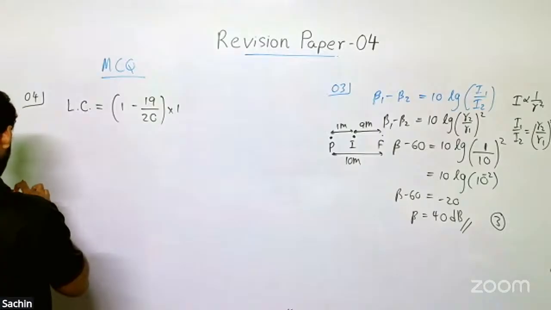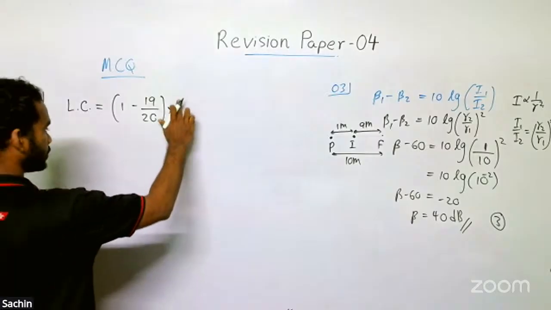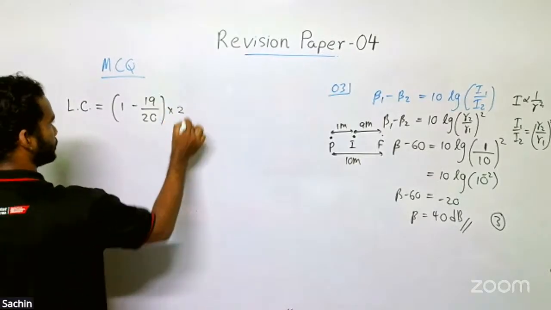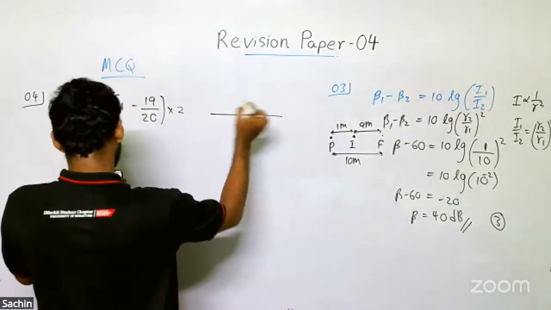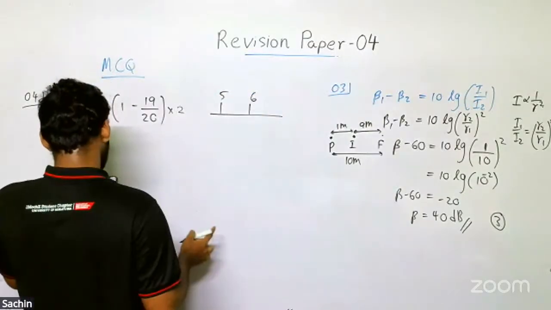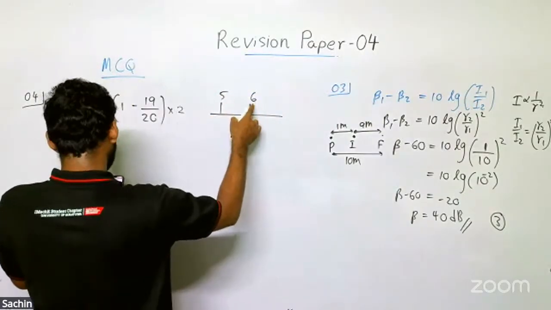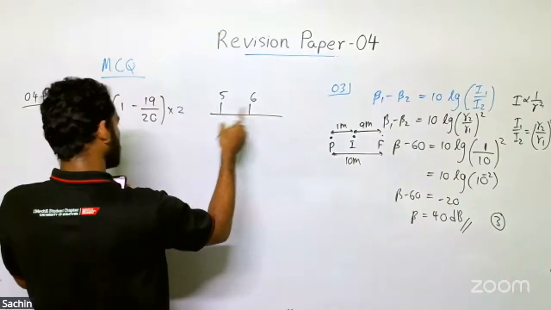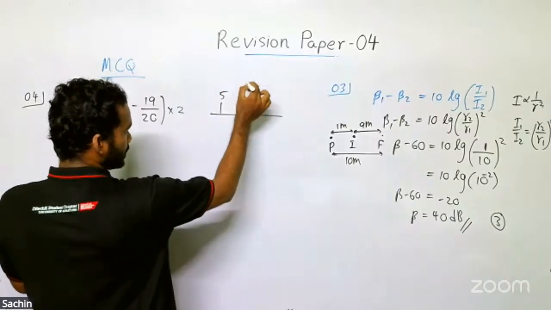Sorry, one part. So here you can see one part of the main scale is 2 millimeters. So if you see the scales, here it is 5 and here it is 6. So between 5 and 6, this is measured in centimeters.